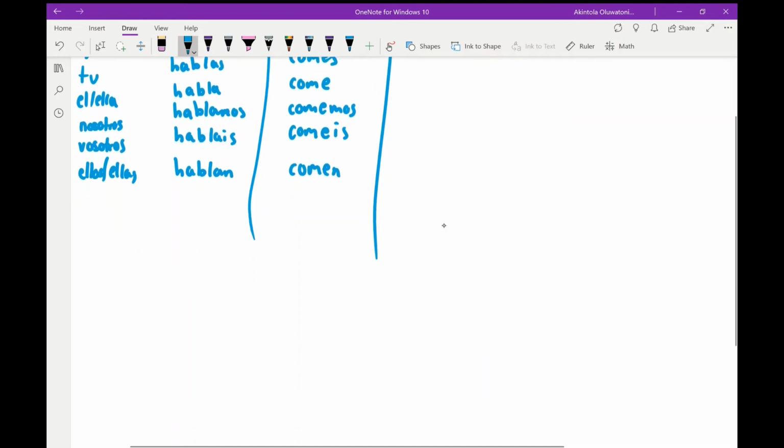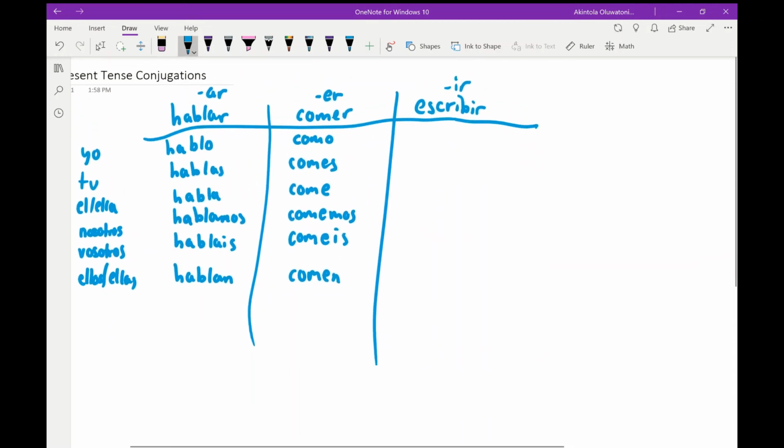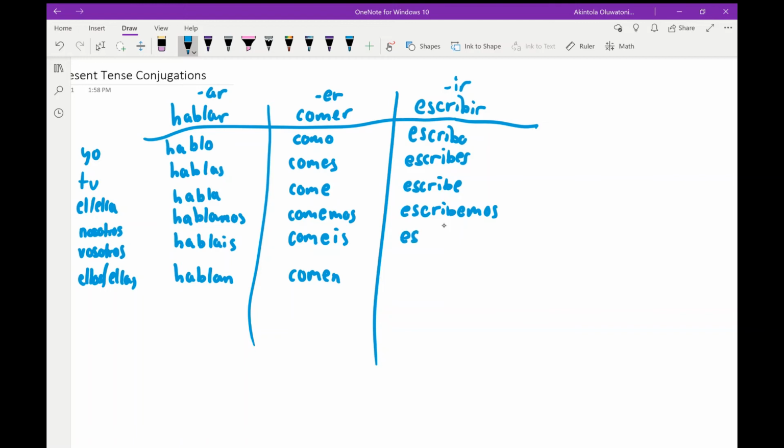So, in the yo form, yo escribo, tú escribes, él, ella escribe, nosotros escribimos, vosotros escribís, ellos, ellas escriben.